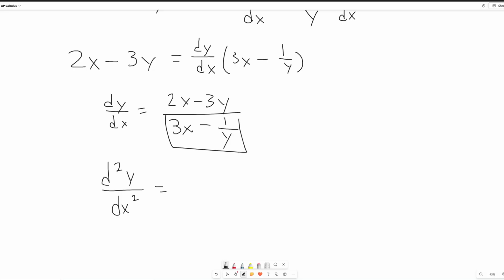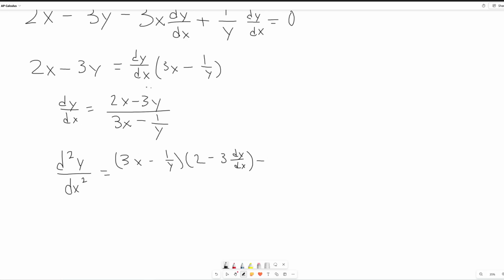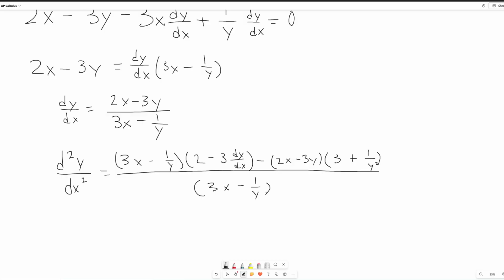So, low times derivative of the high, which is going to be 2 minus 3 dy dx, minus high times derivative of the low, which is going to be 3 plus 1 over y squared, over 3x minus 1 over y, squared.